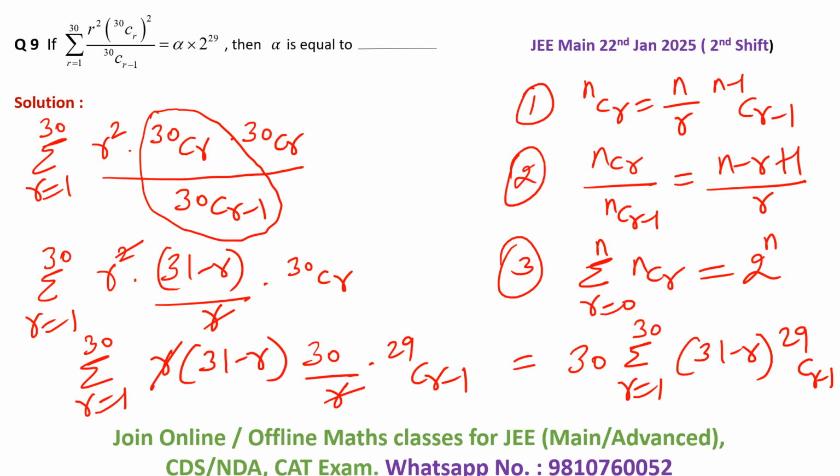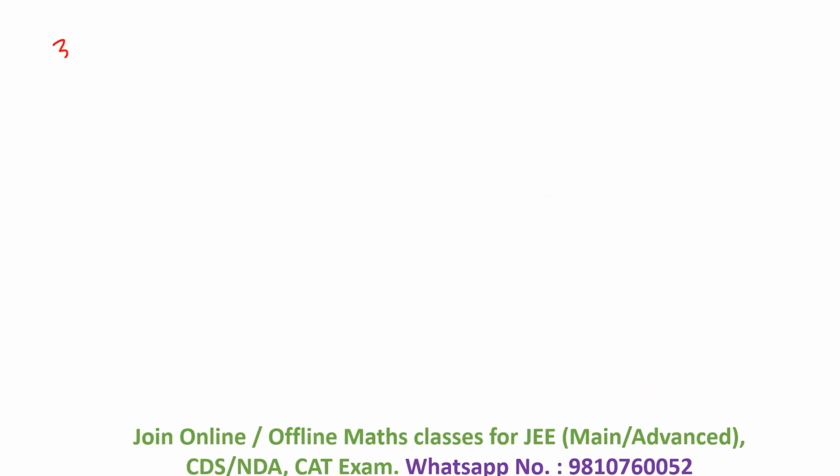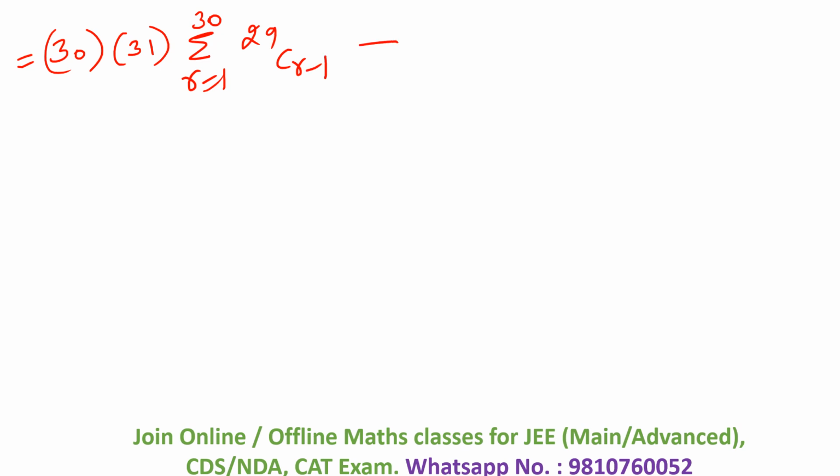Right? Now students, we move further. Now students, this summation can be split as 30 into 31 into summation r varying from 1 to 30, 29C(r minus 1), minus 30 into summation r varying from 1 to 30, r into 29C(r minus 1).